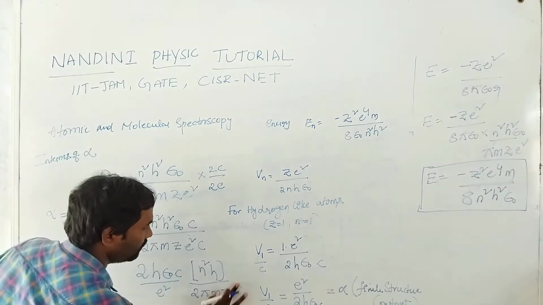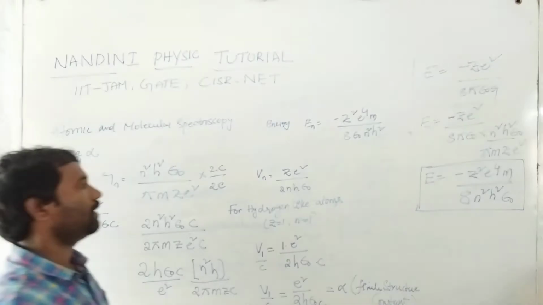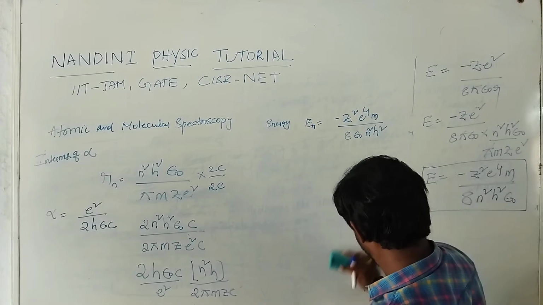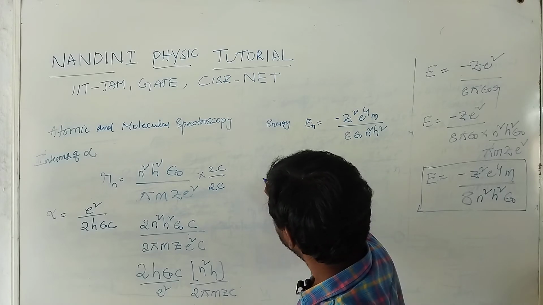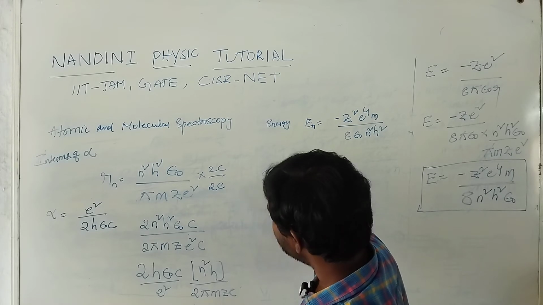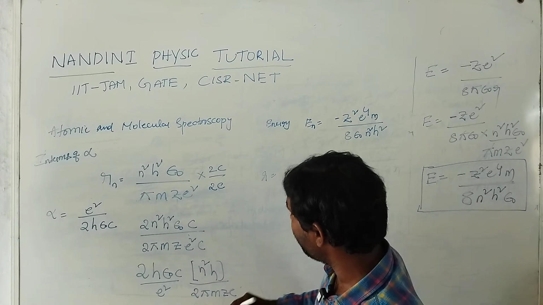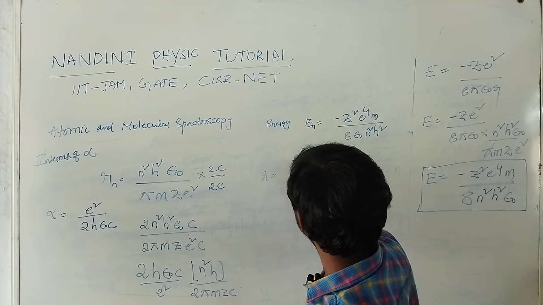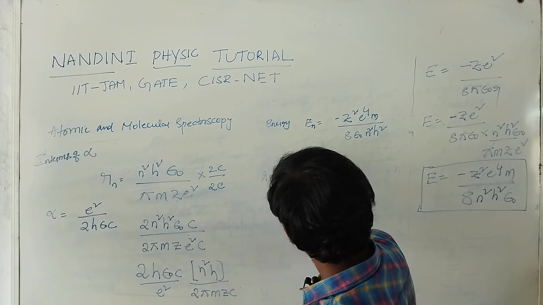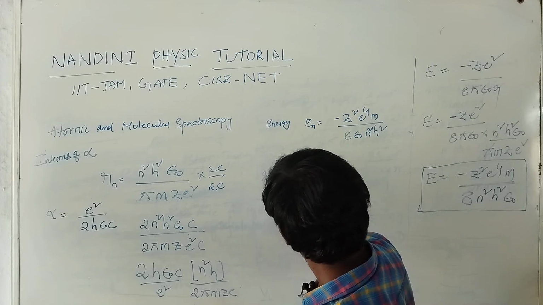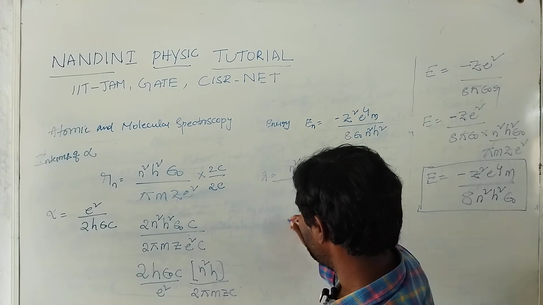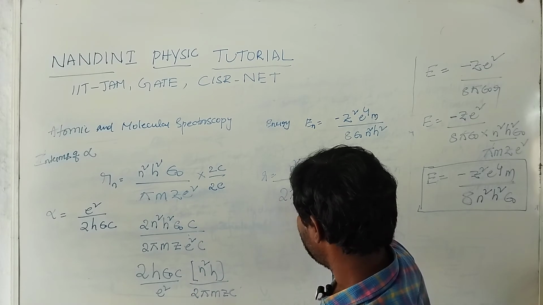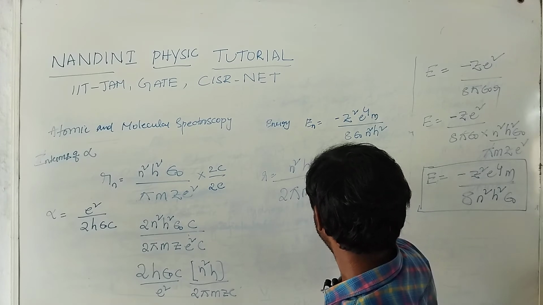So what will happen to this equation? This factor is nothing but alpha, that is 1 by alpha. So finally in terms of alpha, the radius r is represented as n square h divided by 2 pi m z c alpha.